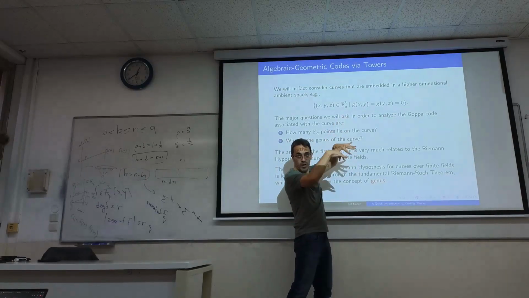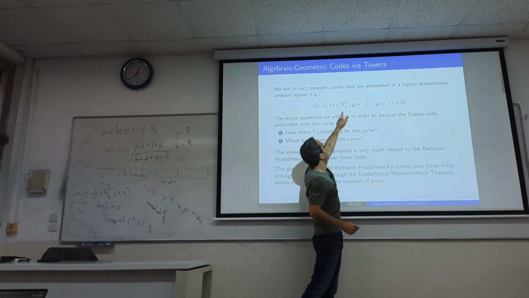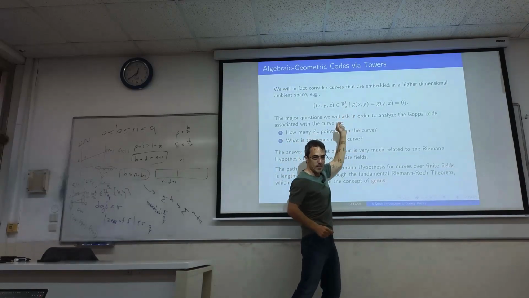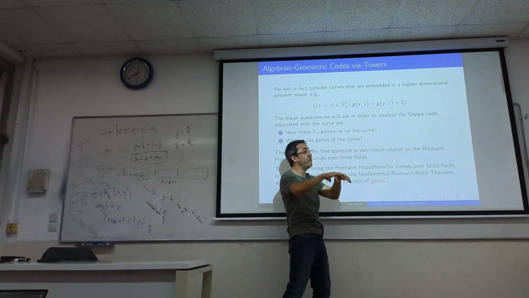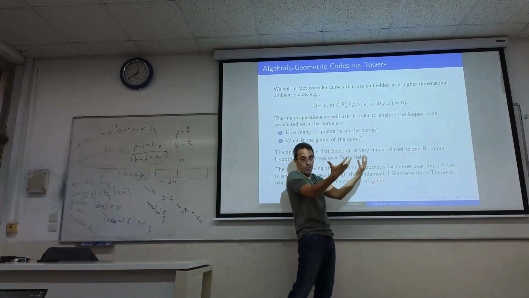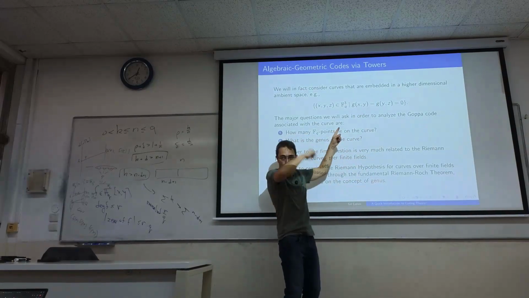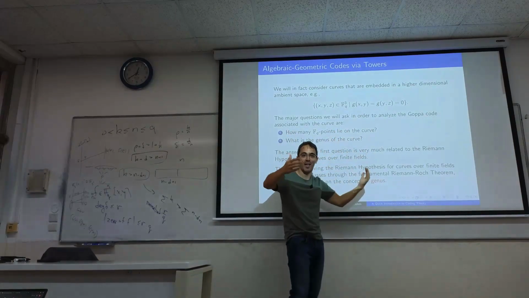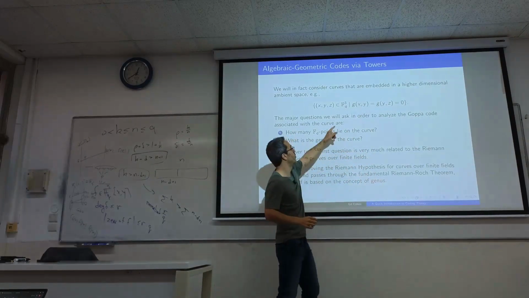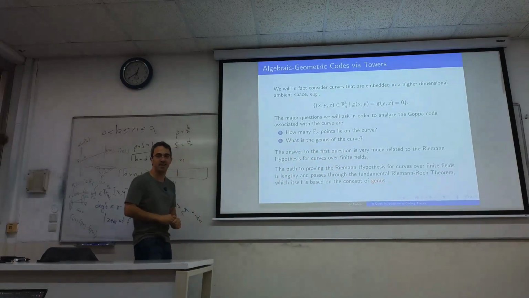At the end, that's where I'm going to evaluate the code, so I need n points. Only when the dimension becomes log n, maybe to the base q, does the cube itself have n points in it. I need it to be log n dimensional. And I'm only taking a curve inside it, so definitely I need more than log n dimension. So yeah, this dimension is usually logarithmic in n.